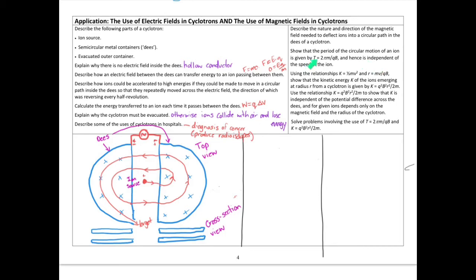The period of revolution here, which is related to the period we need to alternate this potential difference to keep accelerating them, only depends on the mass of the particles, the charge, and the magnetic field strength. It doesn't depend on how fast they're going. That's really neat, because that means that we can basically change this at a constant rate.